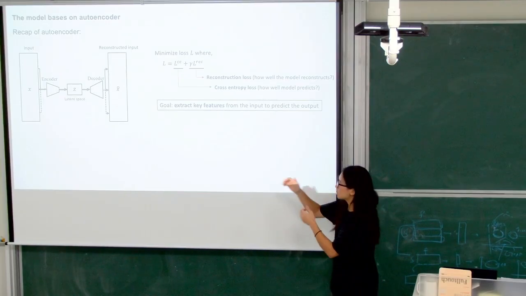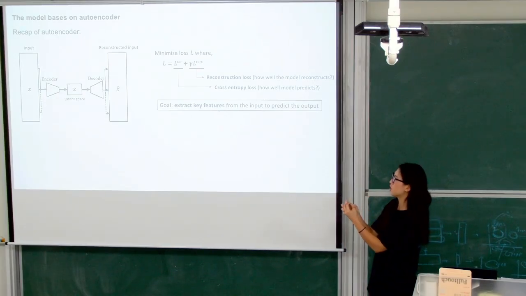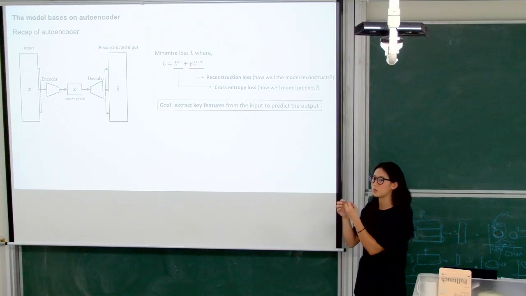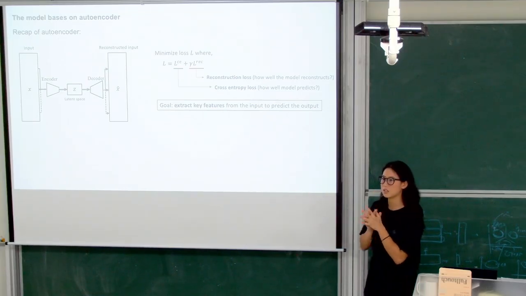And the decoder uses this extracted feature, only the important features, to see if it will be able to regenerate the original input. Yes, so that is the reconstruction loss.